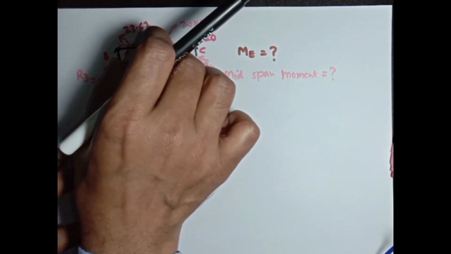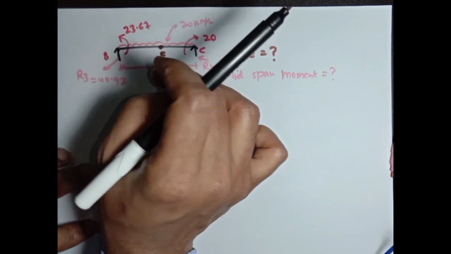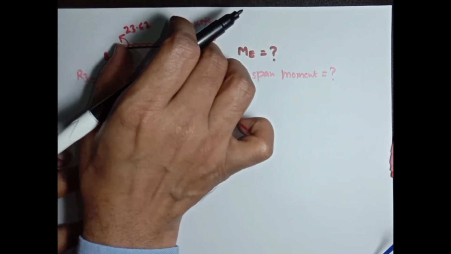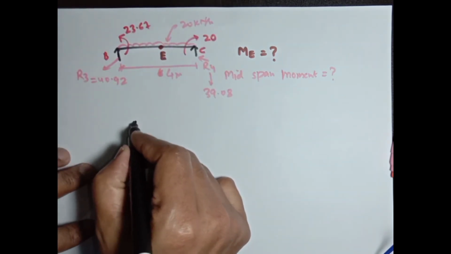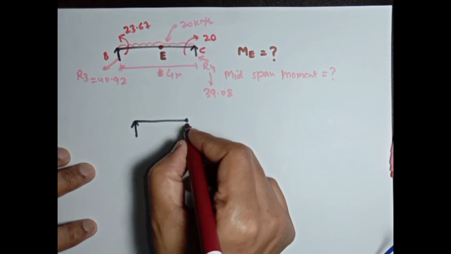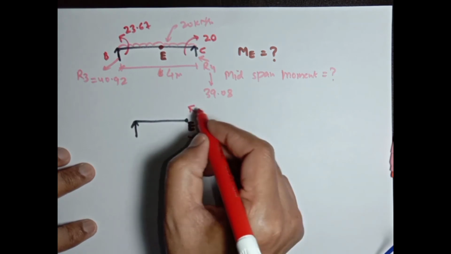Okay, now we are taking this part only to develop a bending moment at point B. So we are separating this part of this beam. So we will draw here, this is the point E. Now we are going to find this moment ME.